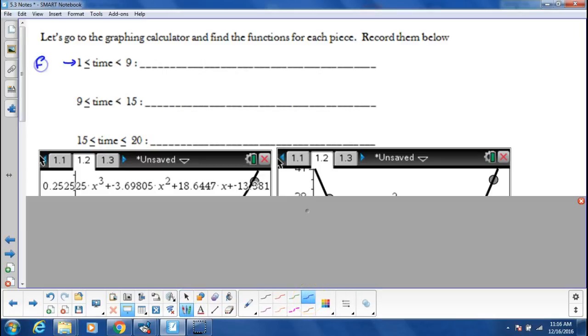So that was 0.253, then minus 3.698, then plus 18.645, and then minus 13.